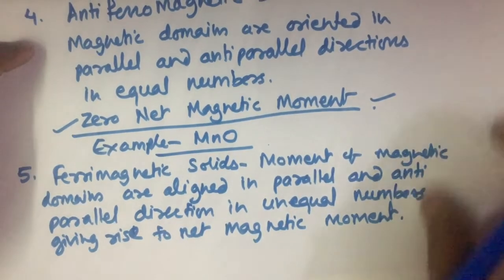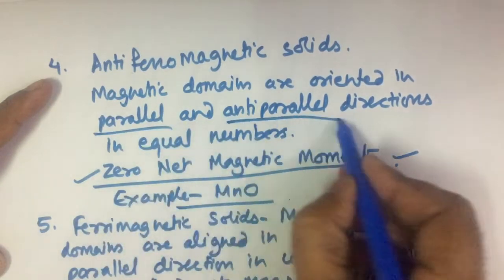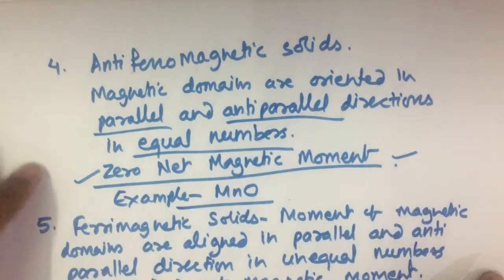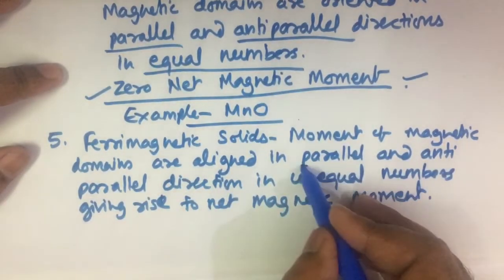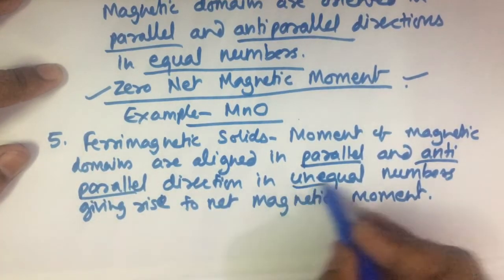Now, in the antiferromagnetic, parallel and antiparallel are in equal numbers. In ferrimagnetic, parallel and antiparallel spins are in unequal numbers.